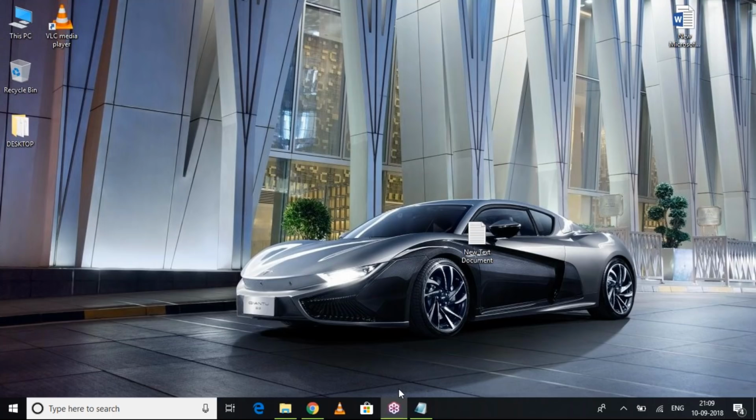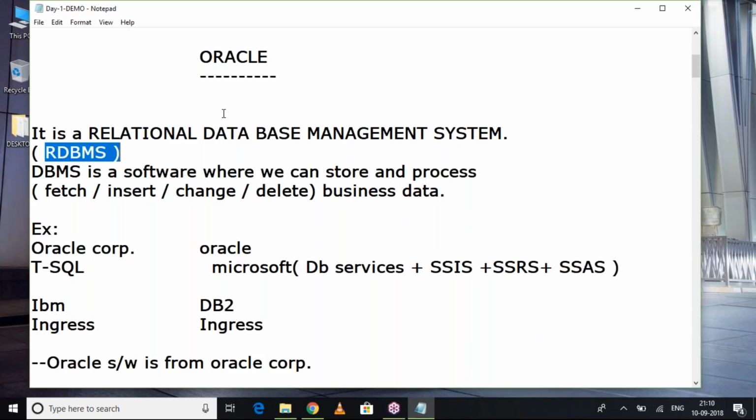I'm interacting with the web page, and beyond the web page something is there. From that place we are taking data, or the data information is displayed on the web page from a place that is beyond the web page.